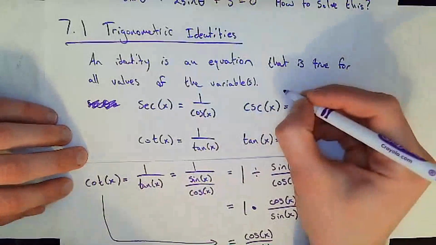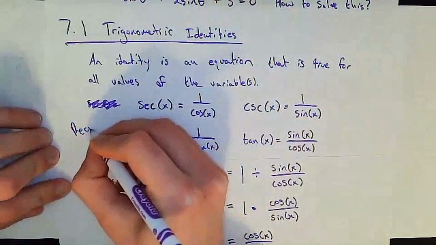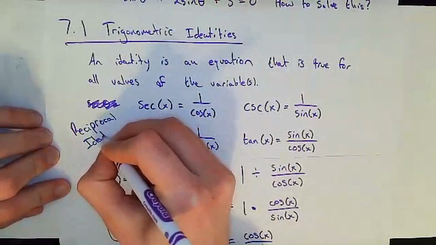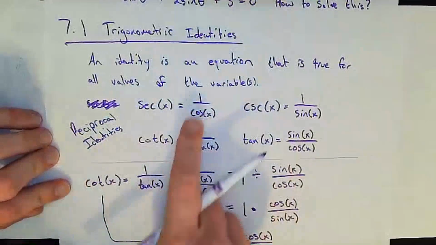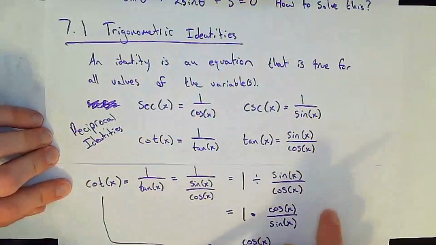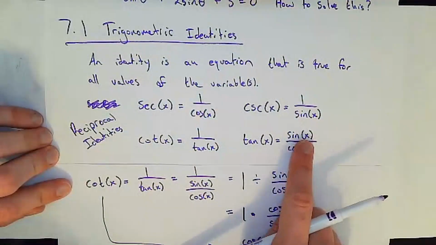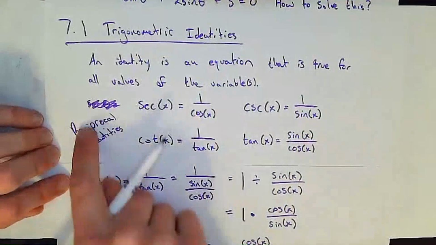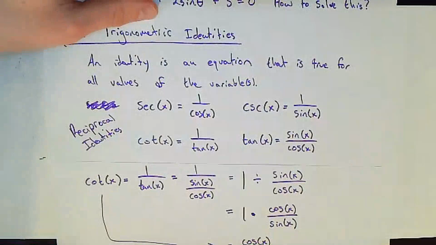But we can name these the reciprocal identities. That's how the book names them all. And of course, it makes sense to call most of these reciprocal identities because they involve reciprocals. This one, not so much. It sort of does. It involves the reciprocal of cosine, but also a sine. So anyways, we're going to call all these reciprocal identities.